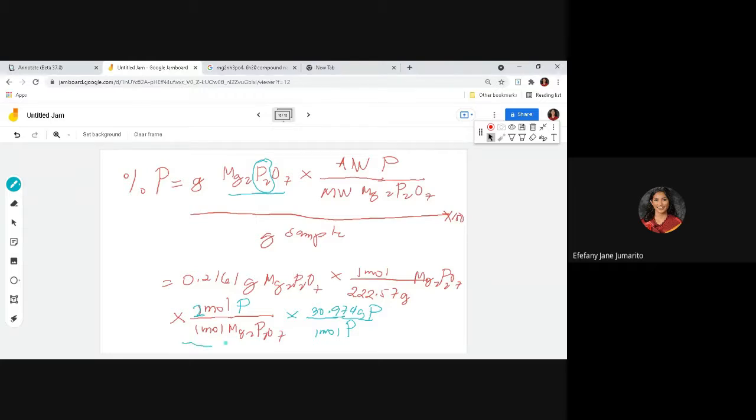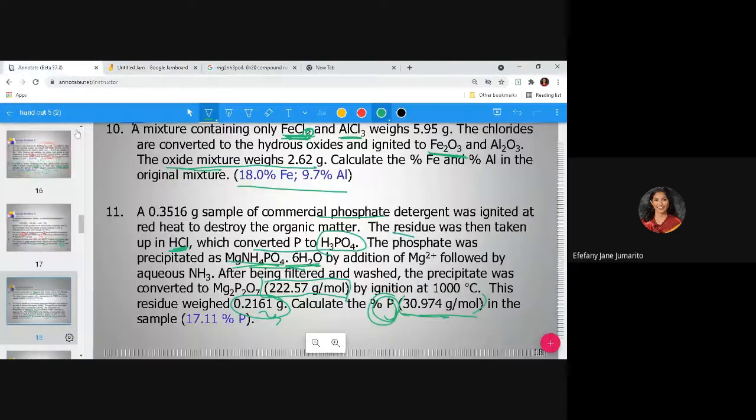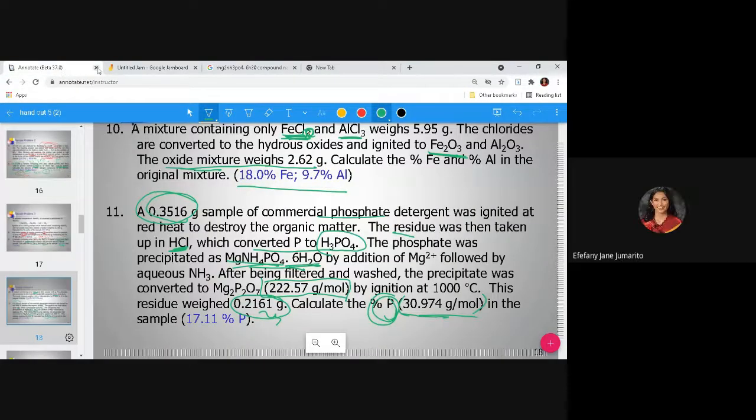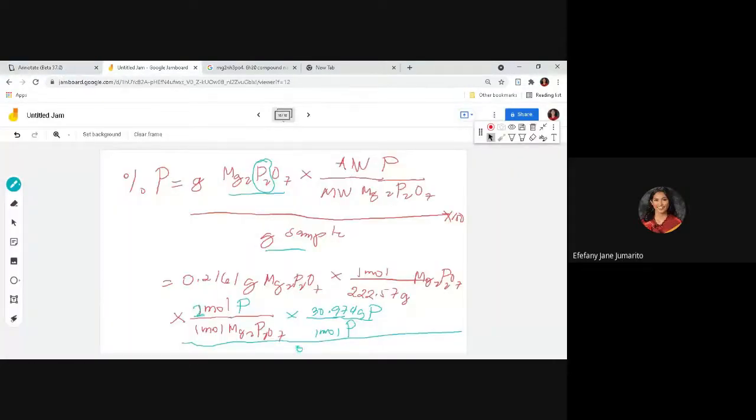Then you divide the whole thing by the sample. What is the mass of the sample? 0.3516, times 100. I forgot the 100.